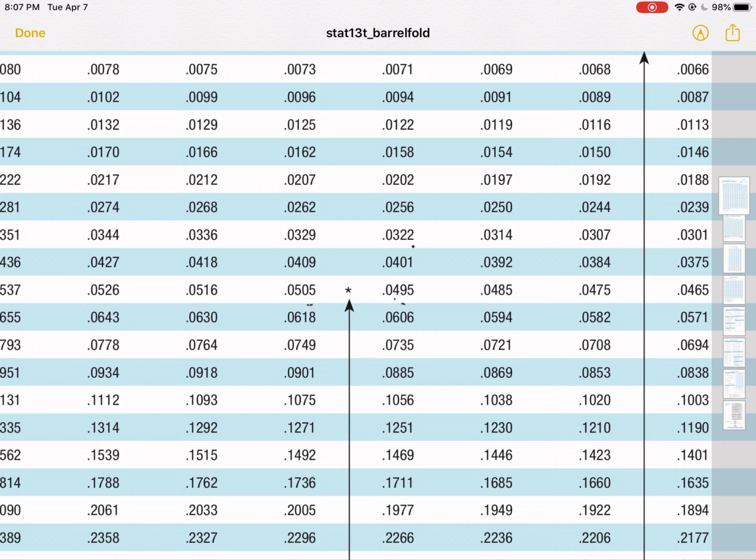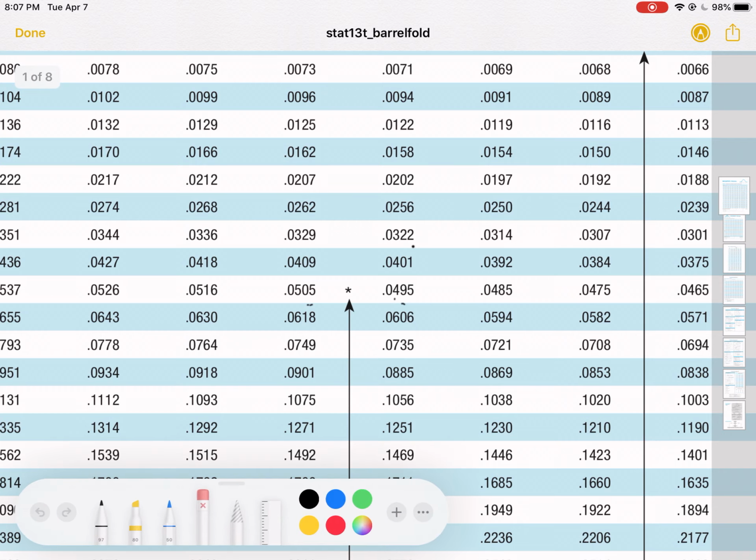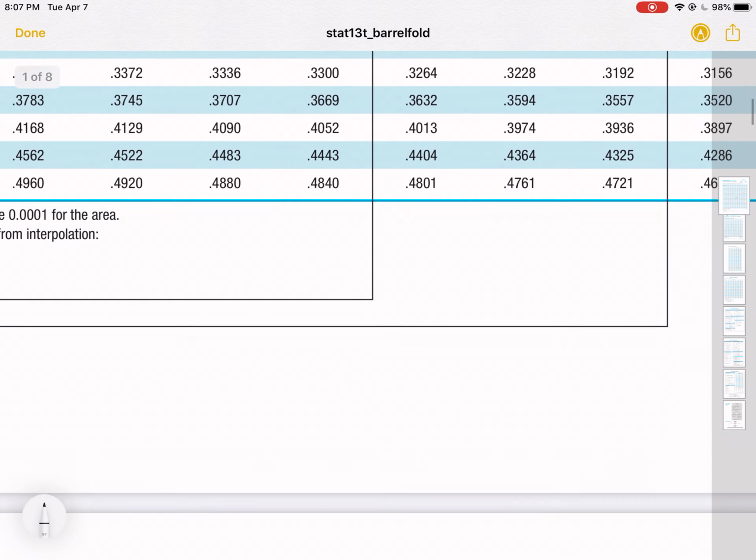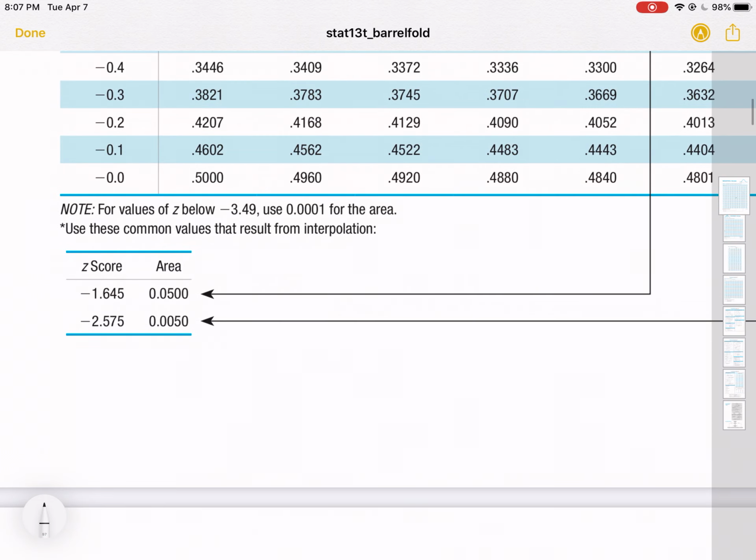This little asterisk right in the middle is our guy, and so we follow that down and off to the side, and we get our critical value. Our critical value is negative 1.645.